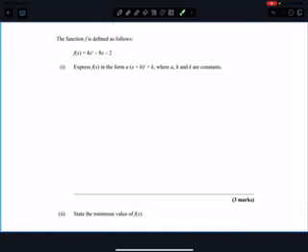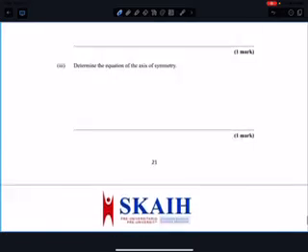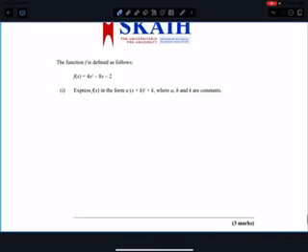Next one. This one we practiced a lot. Oh wait, this is 21? Yes, 21. We practiced a lot. What is this one called? Completing the square.